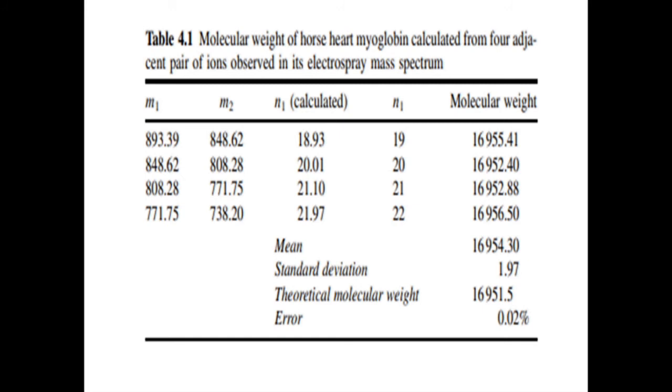The tedium of carrying out a number of these calculations each time an electrospray spectrum is acquired has been removed by the provision of transformation software with the mass spectrometer data system. This software not only carries out the calculation automatically but also plots the mass spectrum on a true mass scale.